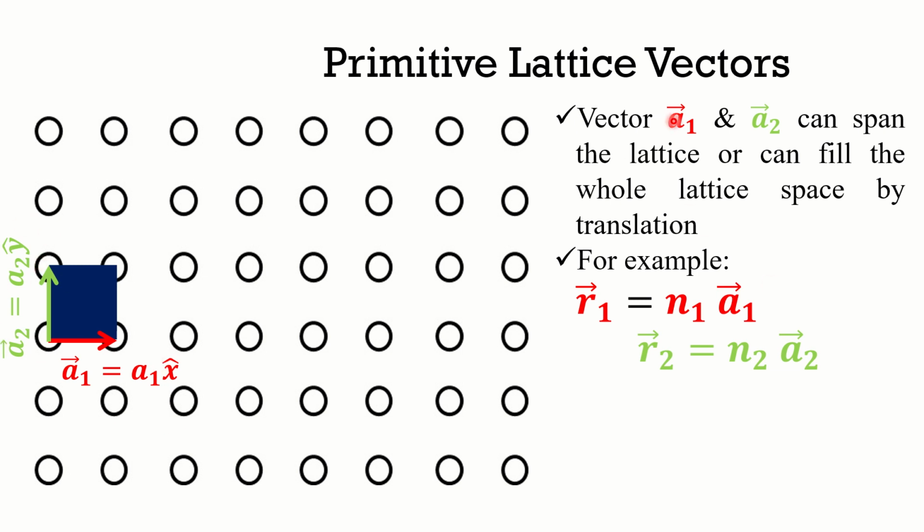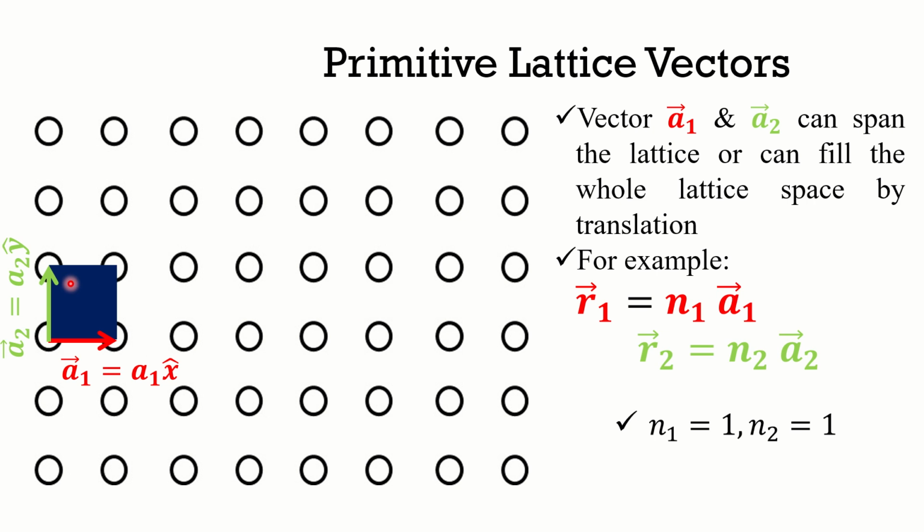These vectors a1 and a2 span the lattice, or they can fill the entire lattice space by translation. So if I just translate these vectors, they can fill all the space the way we have done in the previous slide. So, for example, R1 is equal to say n1 a1, R2 equal to n2 a2.